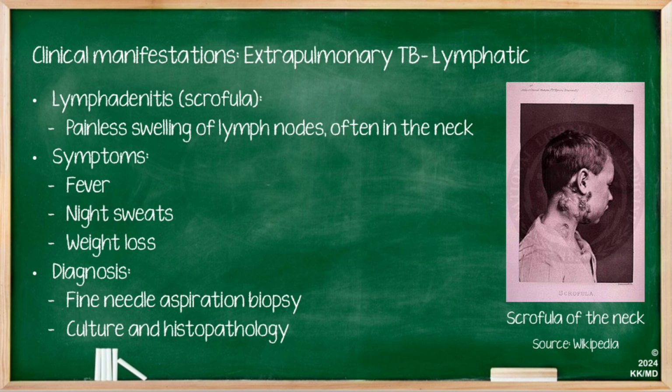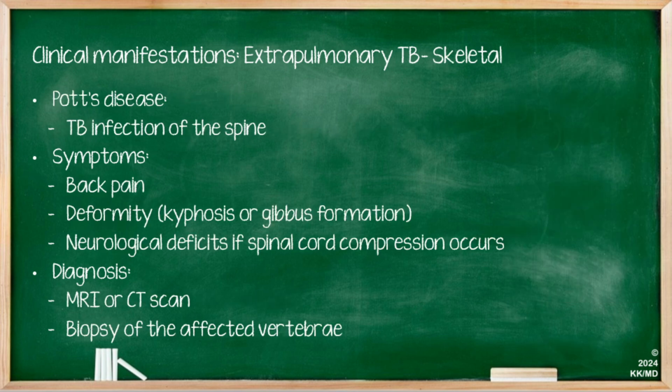And you also have your constitutional symptoms, including fever, night sweats, and unintentional weight loss. Really the big three that you would be very much expected to ask about in, for instance, a PACES scenario. The diagnosis, the gold standard, is through biopsy, and the biopsy is frequently gathered by means of fine needle aspiration, as well as culture and histopathology.